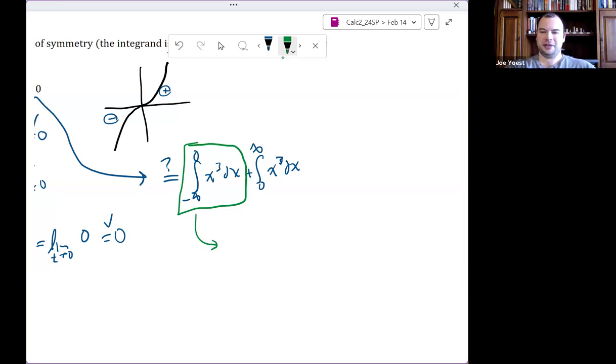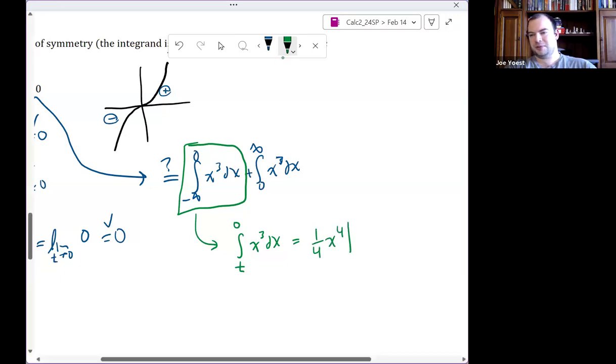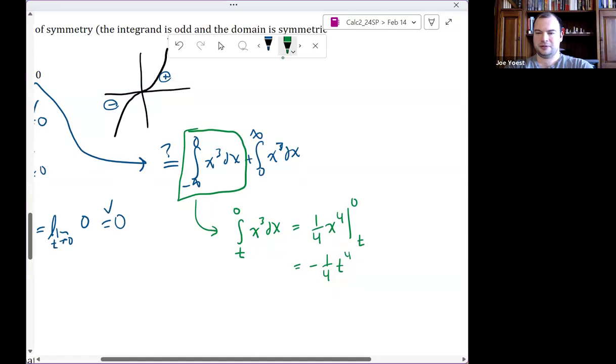If I want to evaluate this integral, what do I get? I get the integral from t to 0 of x cubed dx that I have to evaluate first. This is 1/4 x to the 4th from t to 0. Well, this is 0 minus 1/4 t to the 4th.